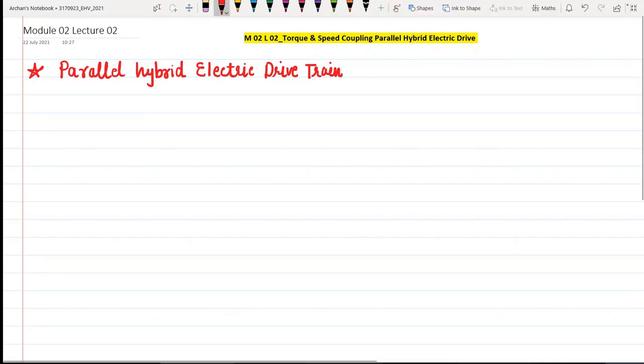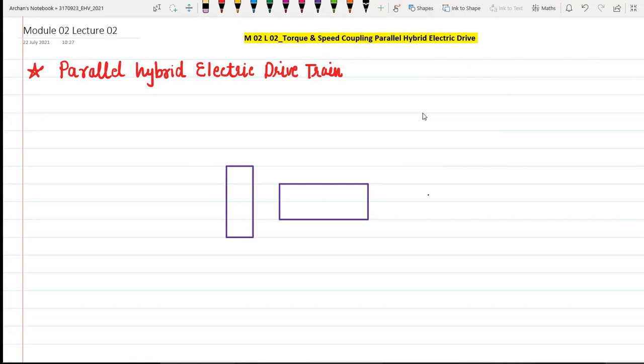Talking about this parallel hybrid electric drivetrain, you can see one mechanical transmission, and this mechanical transmission is connected via some coupling.